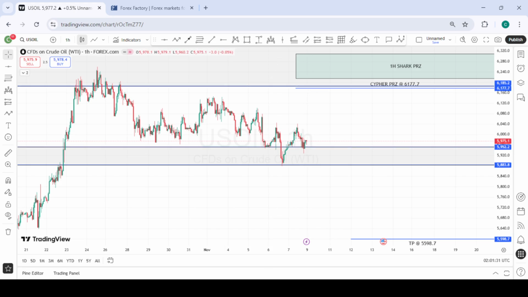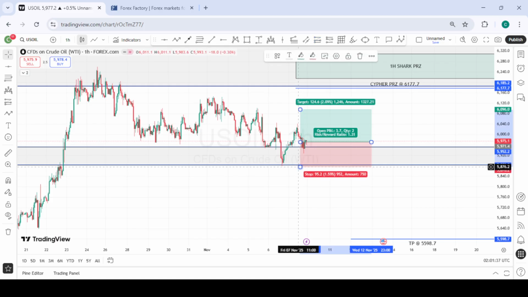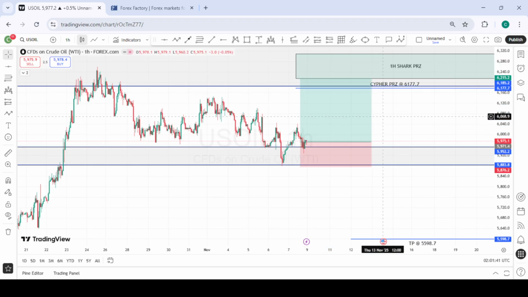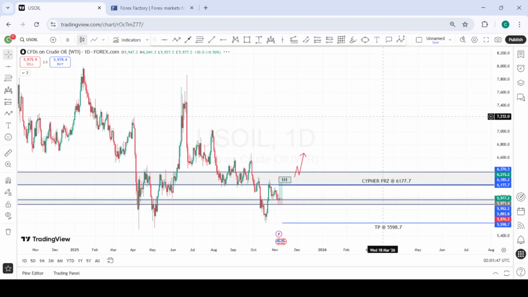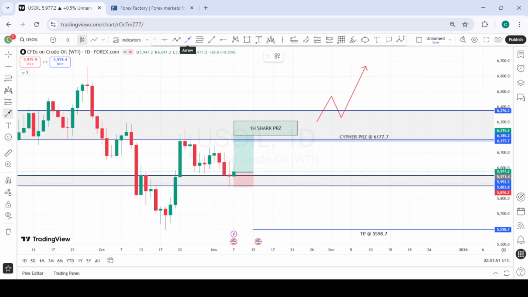So what we can do is we can just take this position here and then put your SL below the head, the possible head, and target this place for US oil before we look out for the big sells to the downside, which is going to happen from this zone all the way to the downside. So let's be on the lookout for these trades.